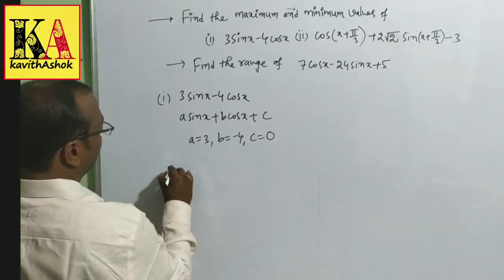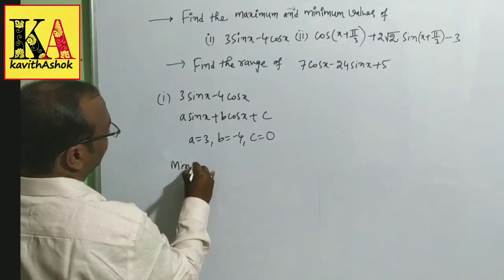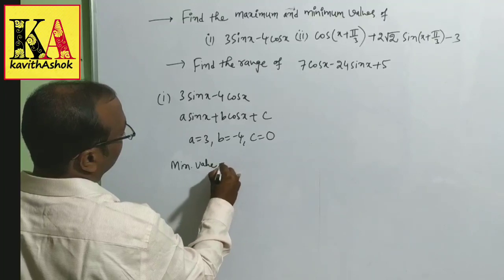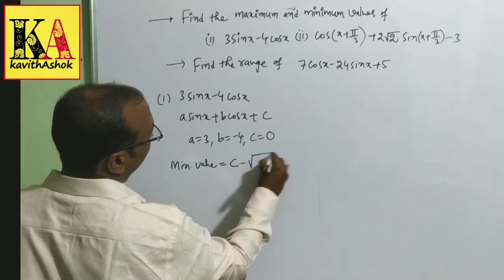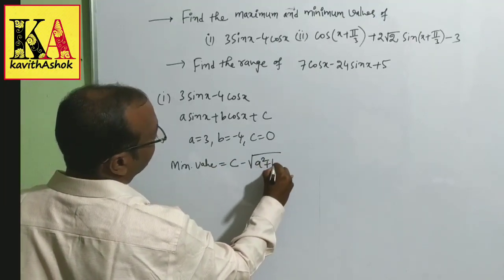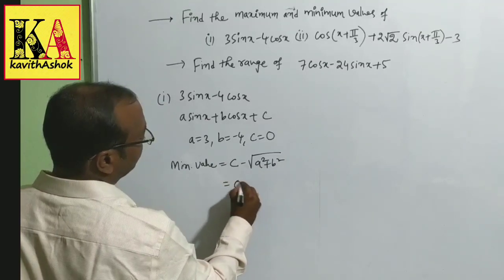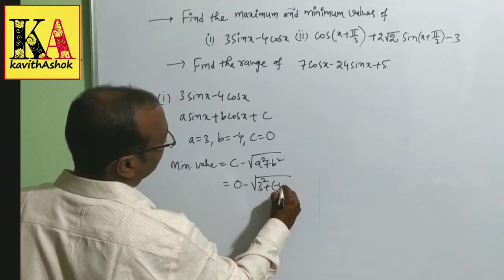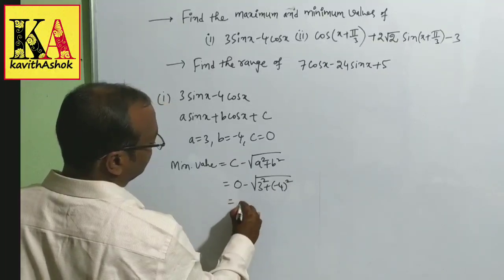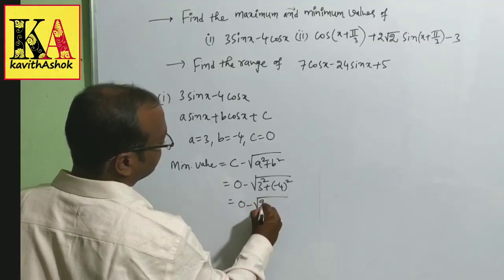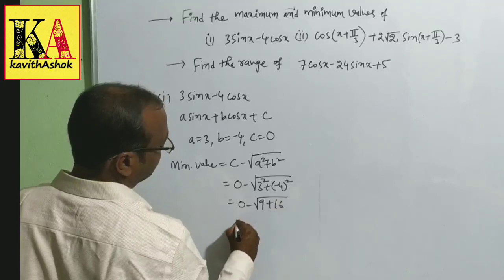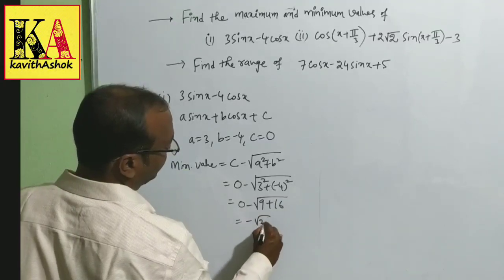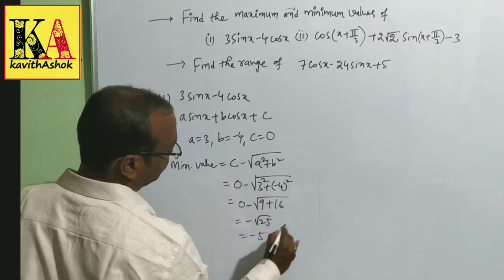So now the minimum value is equal to c minus under root of a square plus b square. So c is 0 now, under root of 3 square, b square minus 4 square. 0 minus under root of 3 square is 9, 4 square is 16. So this is equal to minus root 25, and this is nothing but minus 5.